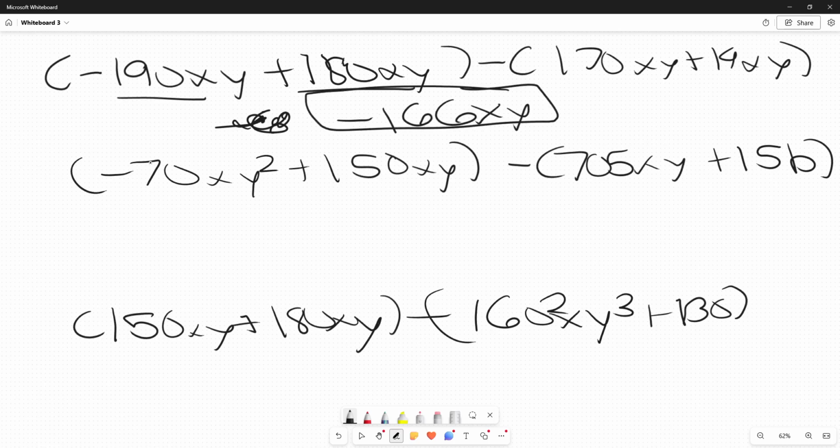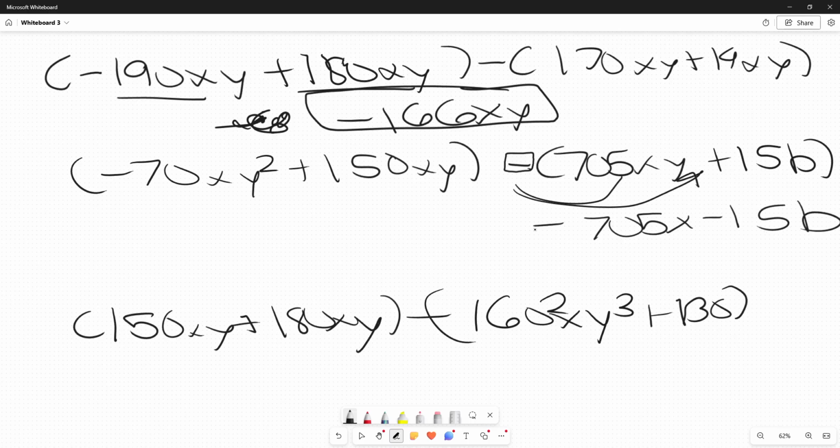So next, here we are given negative 770xy squared plus 150xy minus parentheses 705xy plus 15b. Here we have a minus sign, so we need to distribute it again. So that would be negative 705xy minus 15b.